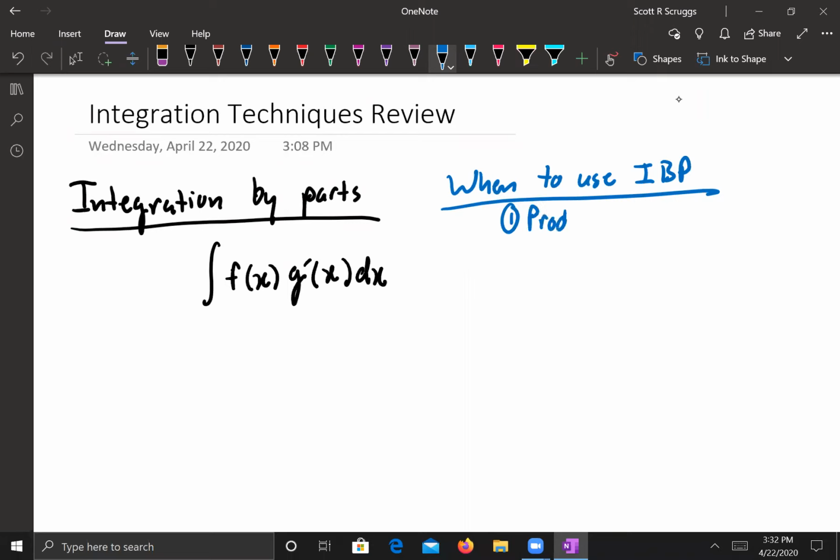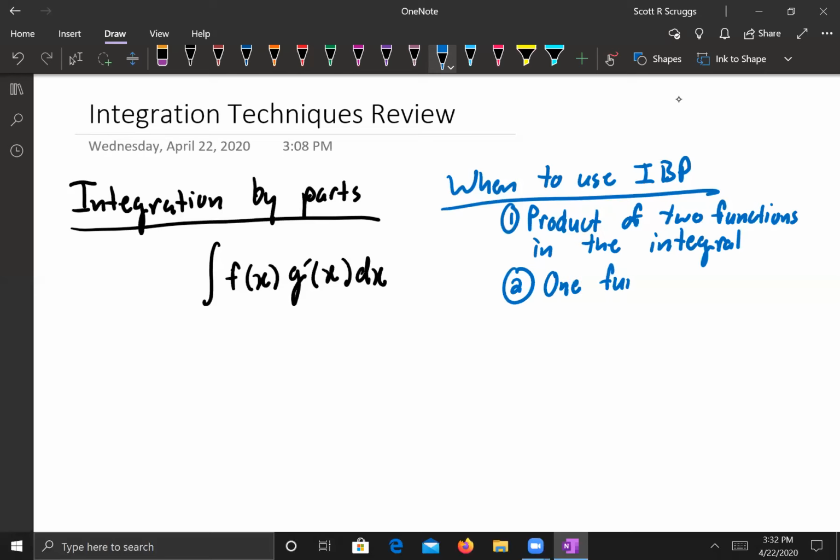When you have a product of two functions in the integral, and one function is easy to integrate, or easy to take the antiderivative of, and one is easy to take the derivative of.